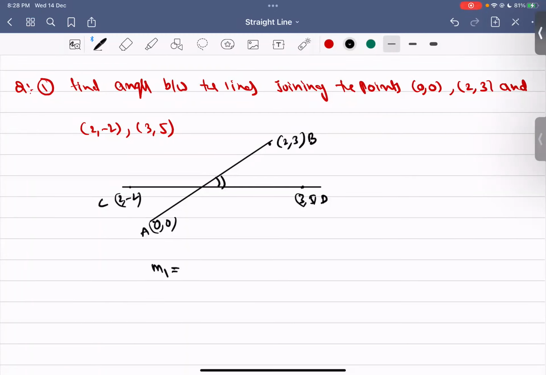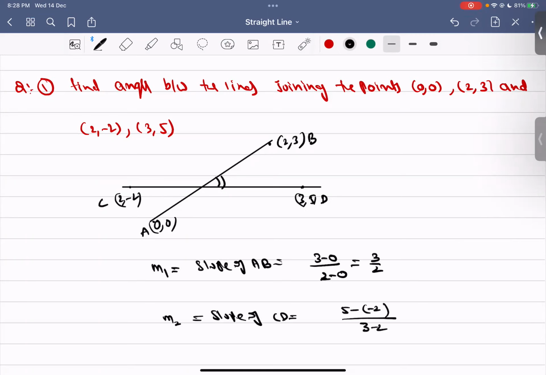So M1 is the slope of AB, that is (y2 minus y1) by (x2 minus x1), which is (3 minus 0) by (2 minus 0), that is 3 by 2. Next, the slope of CD, M2, that is (5 minus of minus 2) by (3 minus 2), that is 7 by 1, that is 7. This is M2.